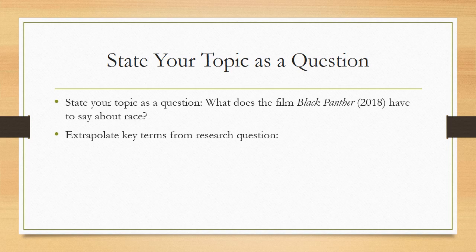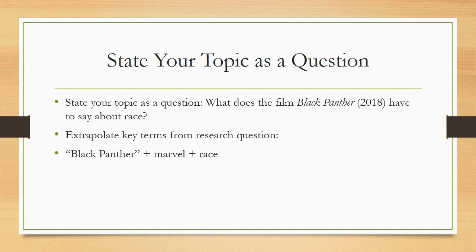I'll either get millions and millions of results, or I'll get barely any results. And neither of those scenarios is good. You want a number of results that give you a good variety of information, but that are also manageable to look through. So what you need instead of a question are key terms.